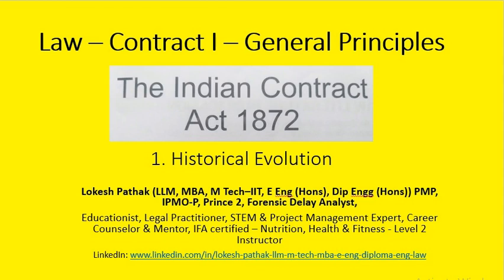Jus civile was only applicable to Roman citizens, while jus gentium was mixed, applicable to Roman citizens as well as foreigners, and jus naturale was the ultimate development of those two laws and the other laws to make the universal law in the Roman environment.